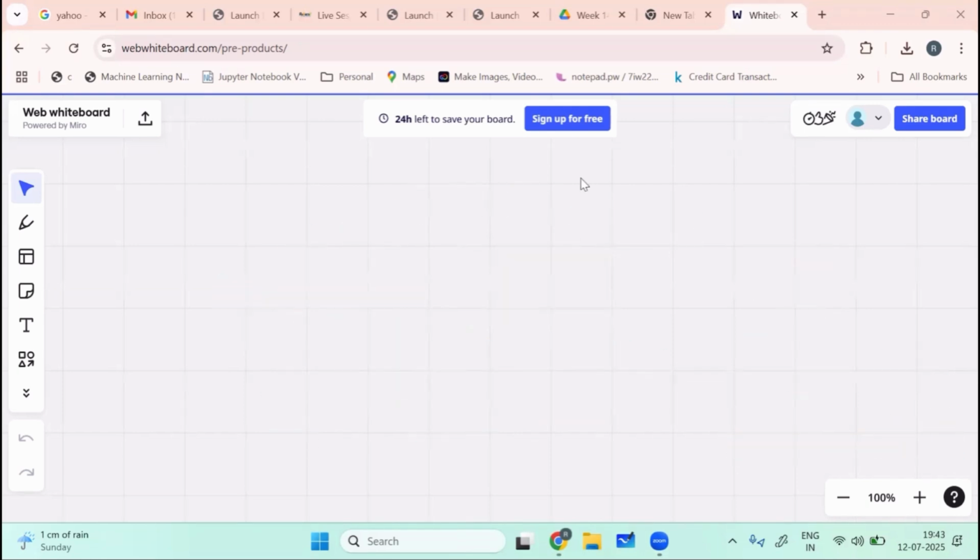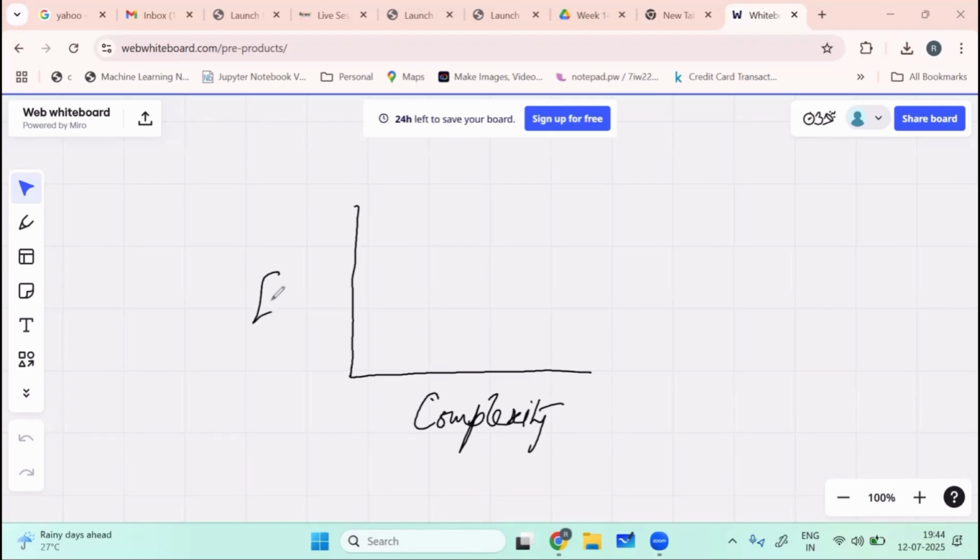Now graphically, how do you understand that? Last thing, okay? Then I'll help you cover this up. So let's say this is model complexity or data complexity, and this is your error. So when complexity is less, what part is high? Bias is high, right?